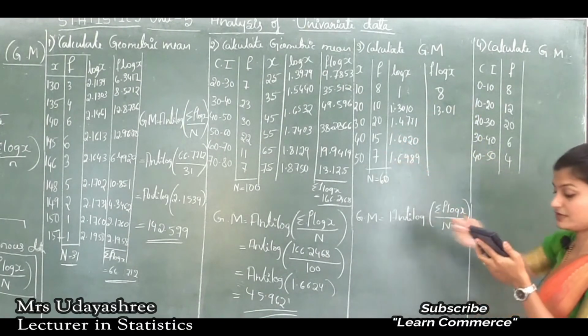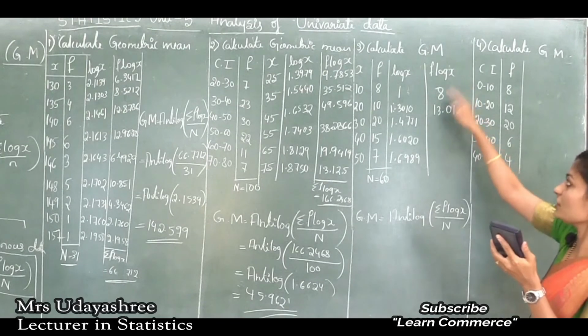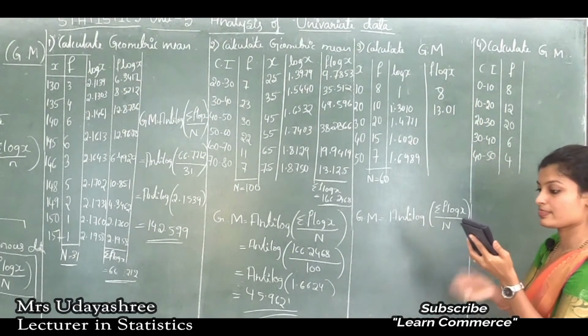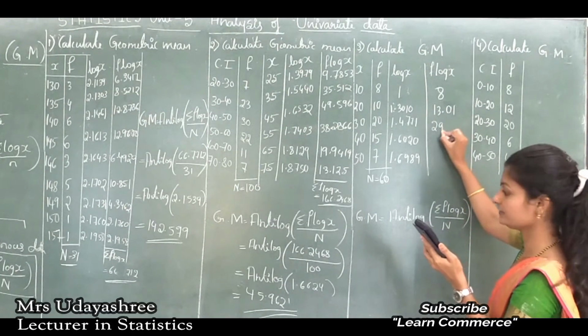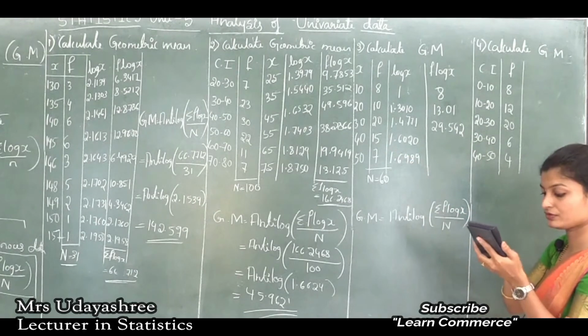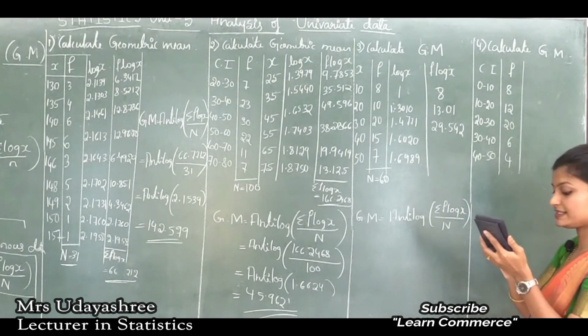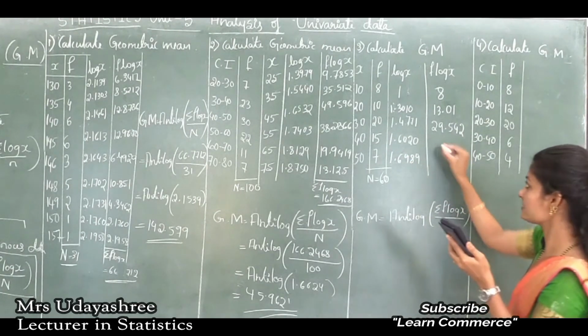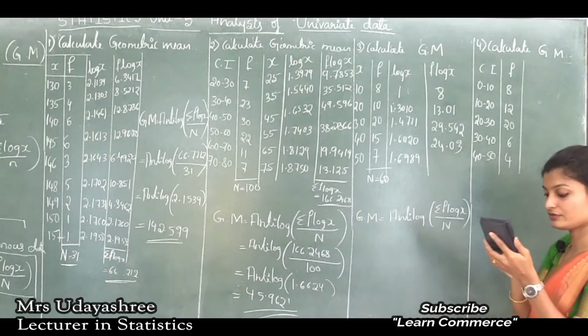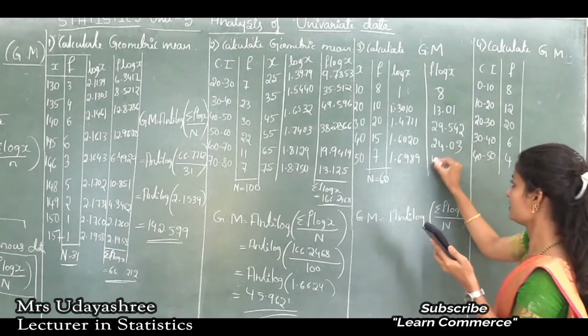Next 20 into 1.4771 is 29.542. Next 15 into 1.6020 is 24.03. Next 7 into 1.6989 is 11.8923.